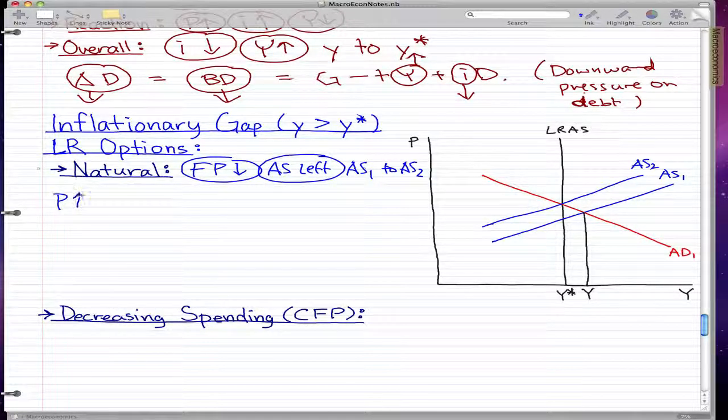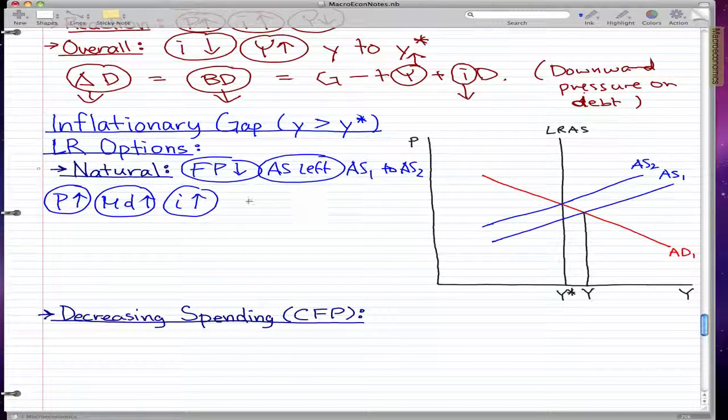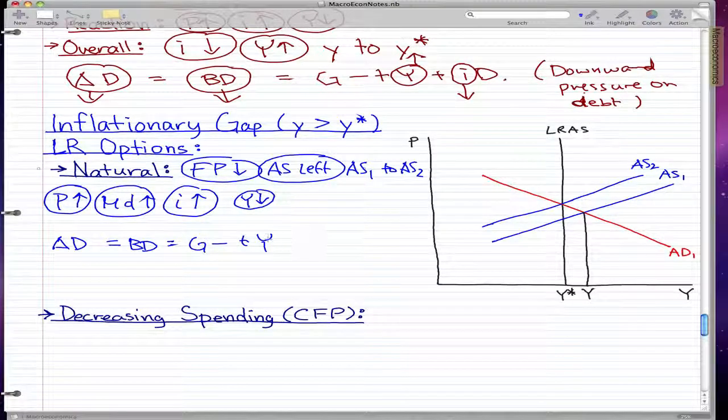We can see that the price has risen, and we know that money demand would also rise and interest rate will also rise, and we know that the output has fallen back to equilibrium. The new thing that we will talk about is change in debt, which is change in BD, which is government spending minus tax rate times total income plus the interest rate on debt and public debt.